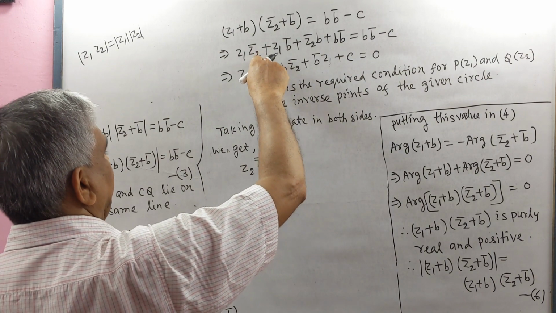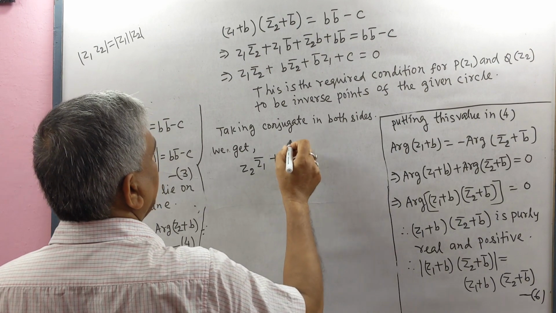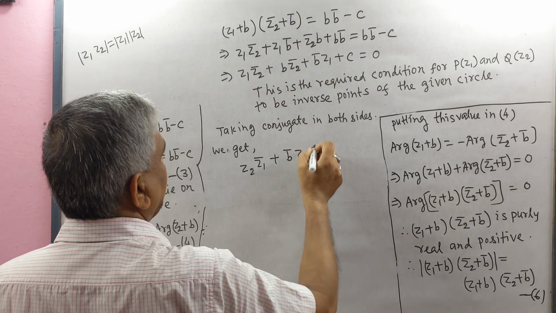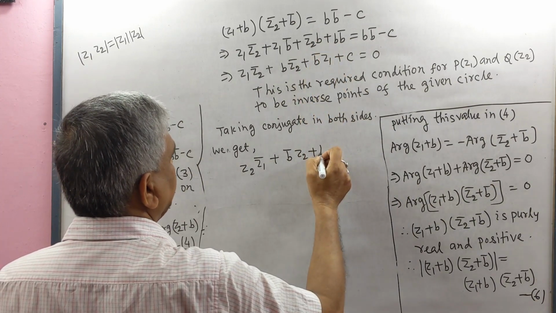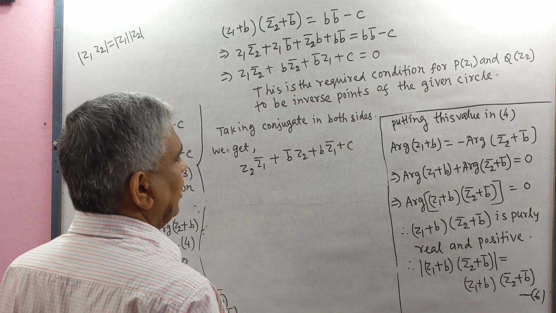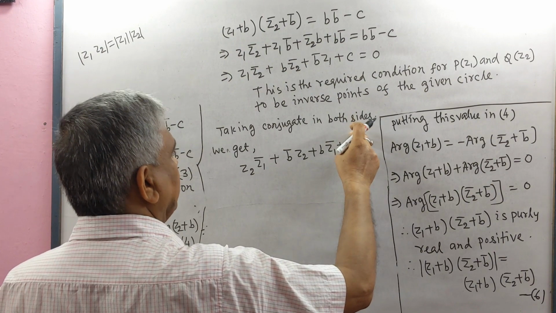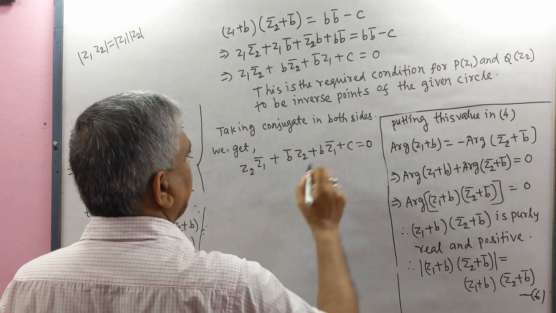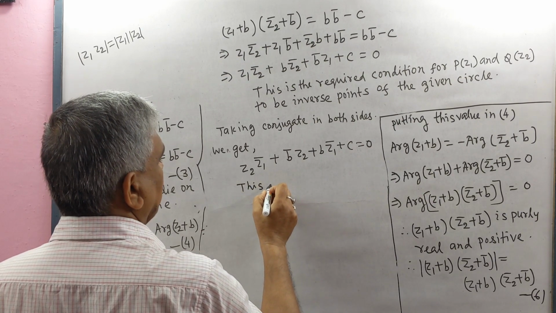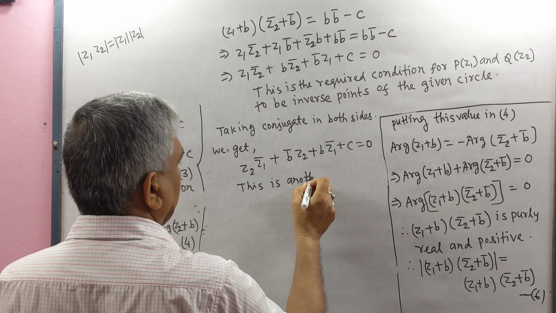So Z2 bar means Z2 plus B bar Z2 bar, Z2 plus B bar means B Z1 bar, and C is a real number, so the conjugate of C is C. This is another form of the condition.